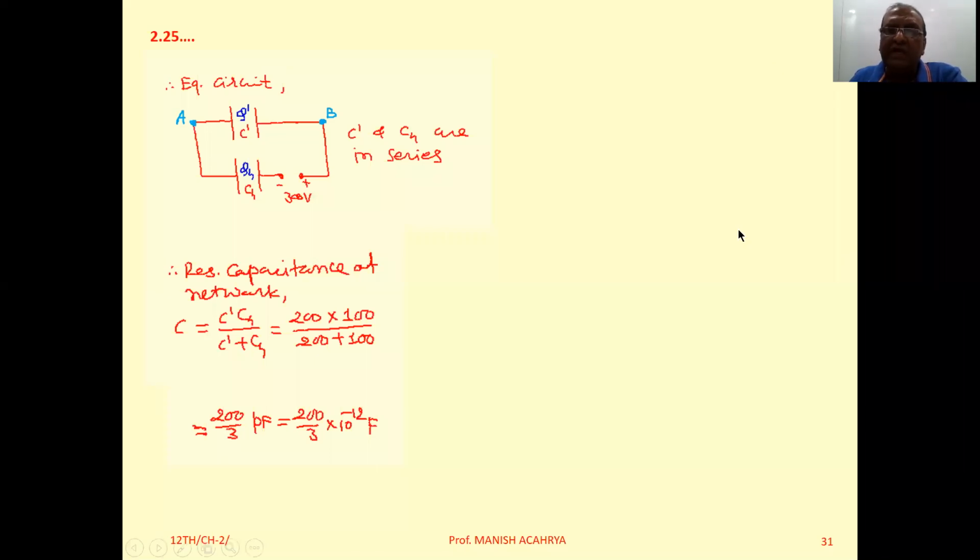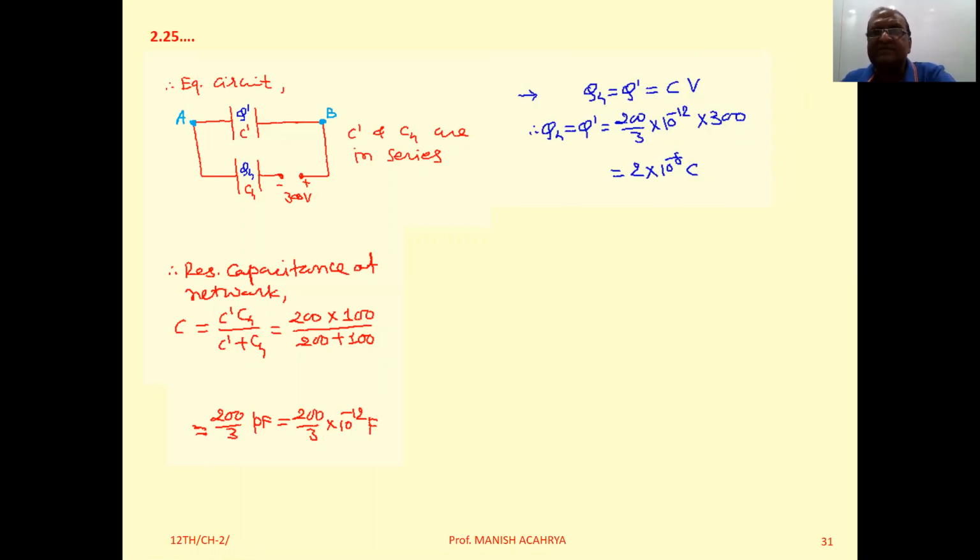Now we have to calculate the charge on each capacitor. Now we know in series combination, the charge on each capacitor is the same. So see here, with the battery, C dash and C4 are in series.